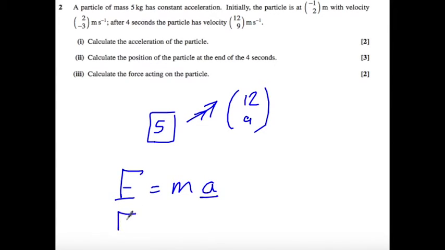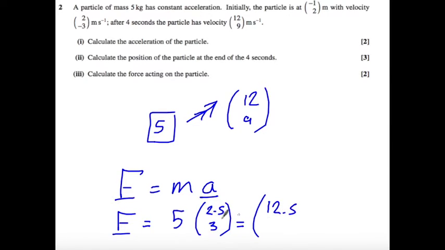So the force is what we're trying to find, and m is 5 because it's 5 kilograms, and the acceleration, again, we found in part 1 was, if I remember right, (2.5, 3). So if we times that by 5, we get 5 times 2.5 is 12.5, and 5 times 3 is 15. So this is in newtons. So essentially 12.5 to the right and 15 up.